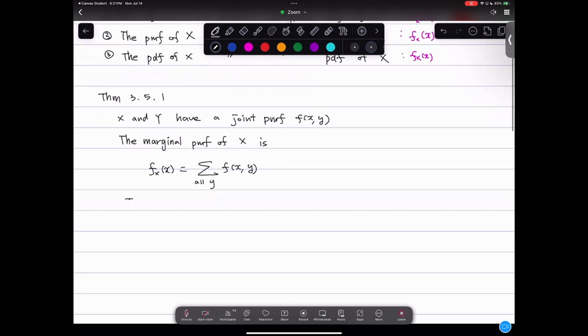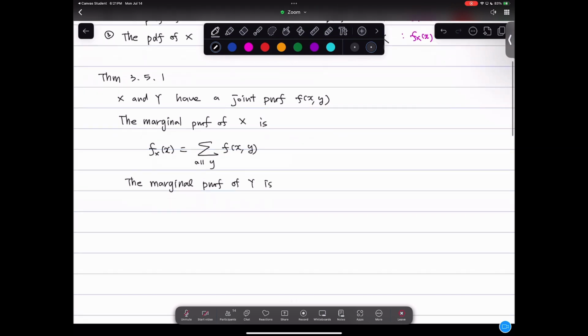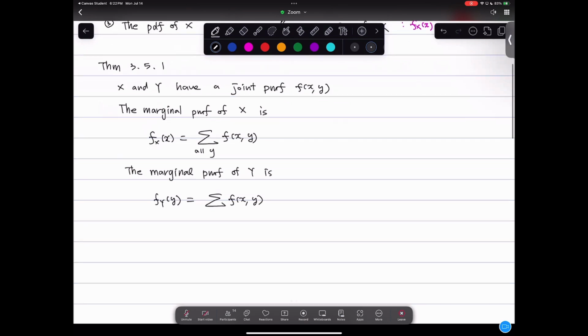Then I can do the same for the marginal PMF of the y variable, f of y. You add all these probabilities for the x values.